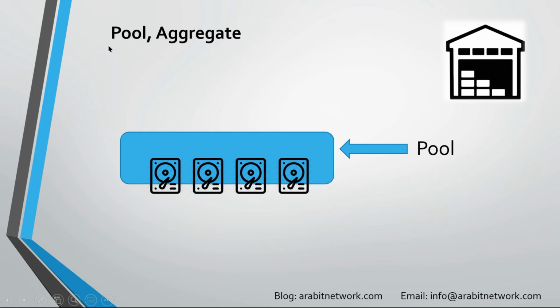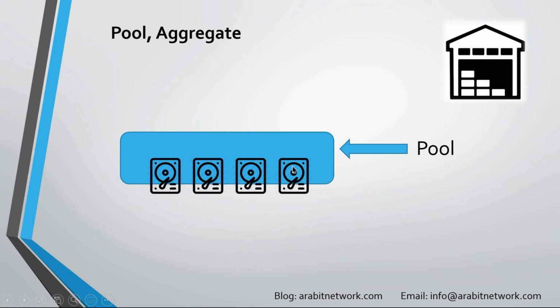Some vendors call it a pool, some other vendors call it an aggregate. So what is a pool or an aggregate? It's just a logical volume. It's a logical storage volume that you create over a layer of all of your physical disks.